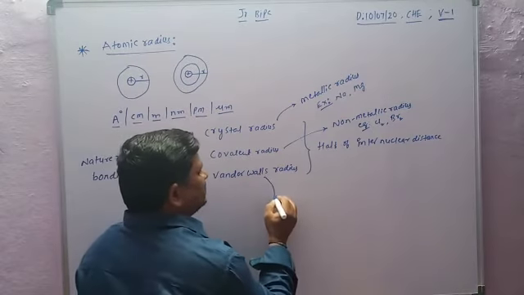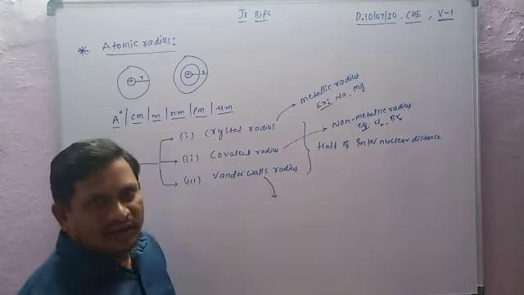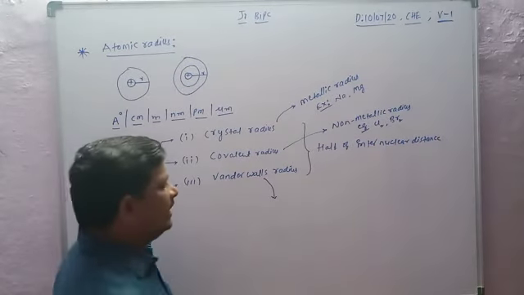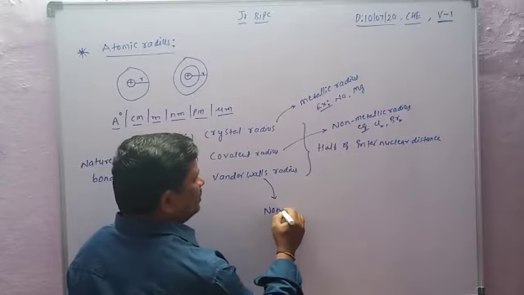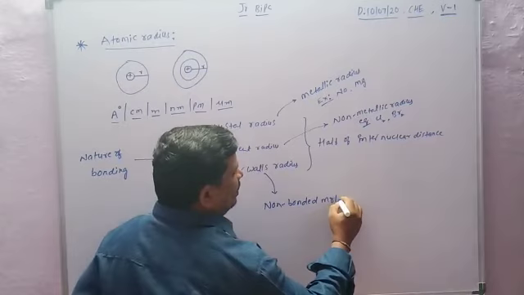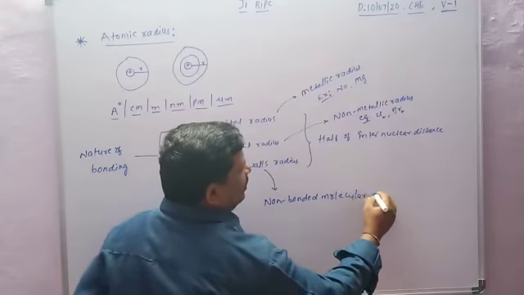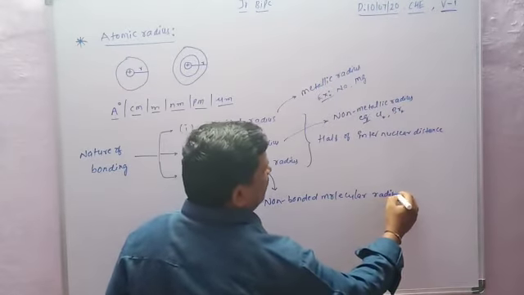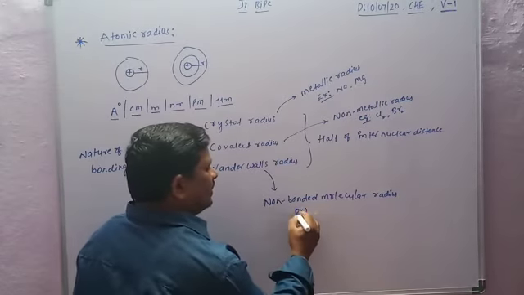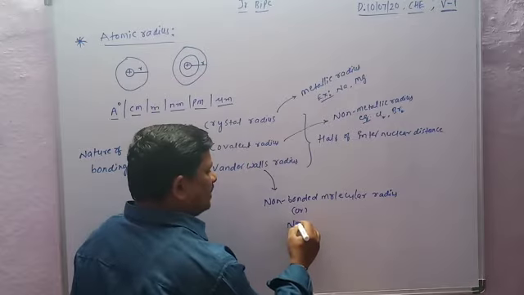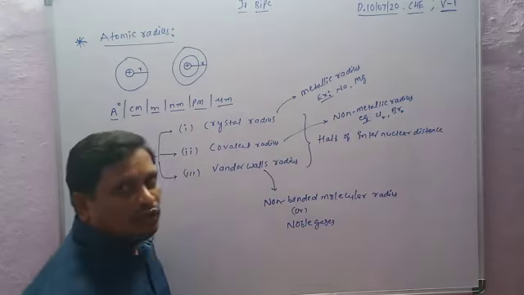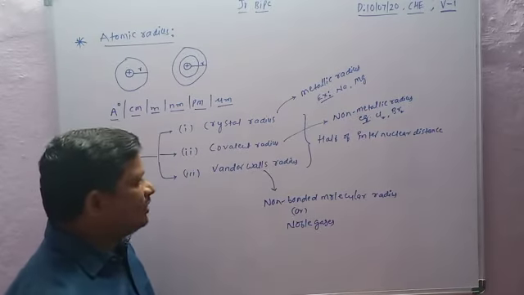Next is van der Waals radius, also known as non-bonded molecular radius. This type of radius is mostly present in noble gases.